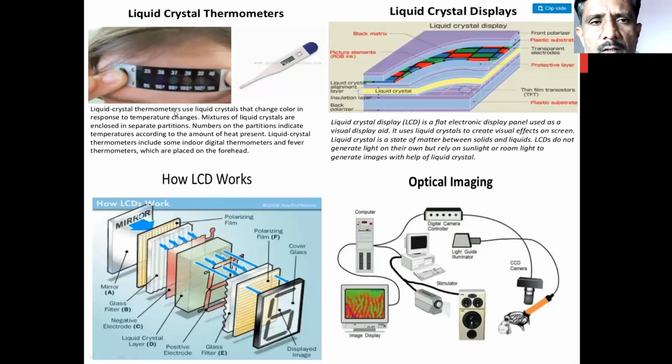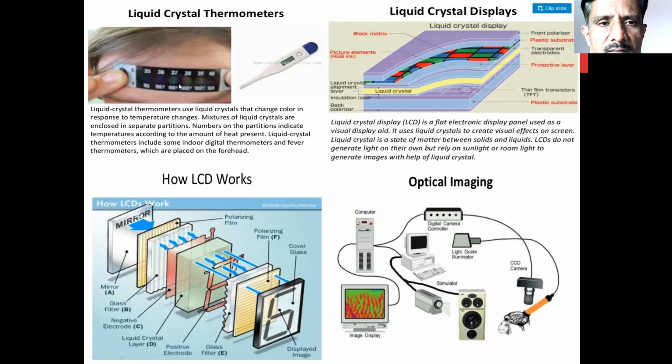Now, right now, we observe that when you push the button of a thermometer, we get the temperature of our body. What is there in this thermometer? There are liquid crystals. The liquid crystal changes color in response to temperature change. If 35 is the temperature, the color is this one.